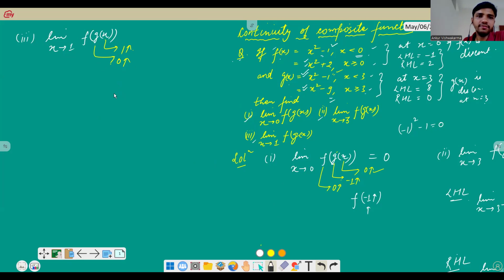Again, in the argument of f, we have 0. So again, we need to check both the left-hand limit and the right-hand limit here. We will check the left-hand limit first: limit x tends towards 1 minus f of g of x. When x tends towards 1 minus, g(x) is defined as x square minus 1. So obviously, g will tend towards 0.